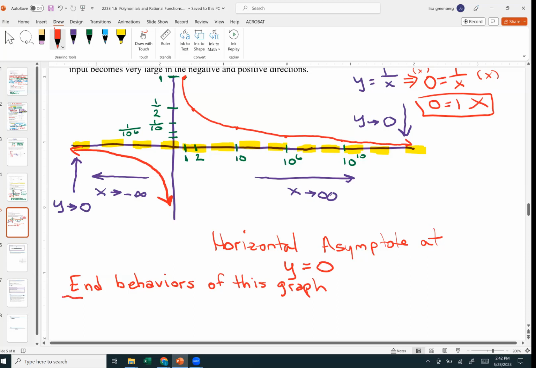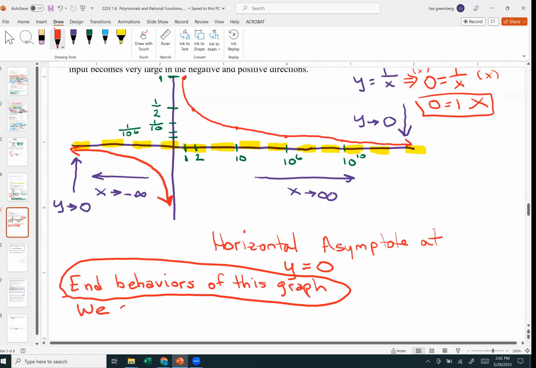It's only talking about the end behaviors. In the middle, depending on the function that we have, we can cross a horizontal asymptote.